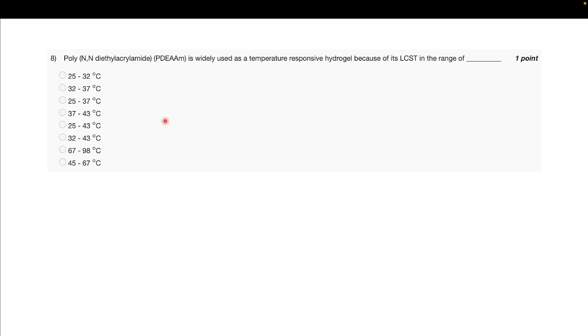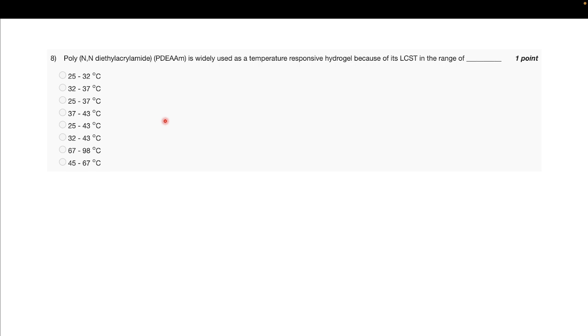Next is PNIPAAm, a polymer widely used as a temperature responsive hydrogel because of its LCST in the range of 25 degrees to 32 degrees, 35. I can hear two responses. Somebody answered option 1.